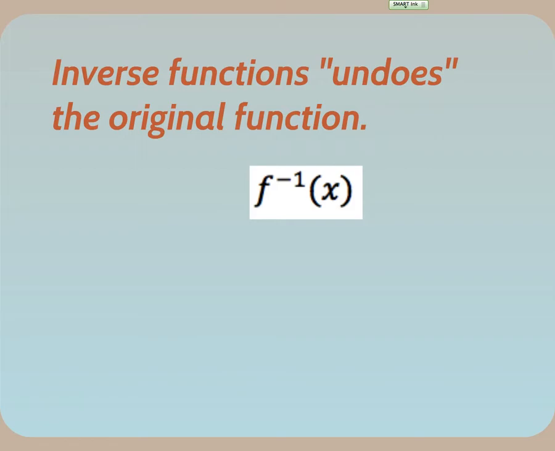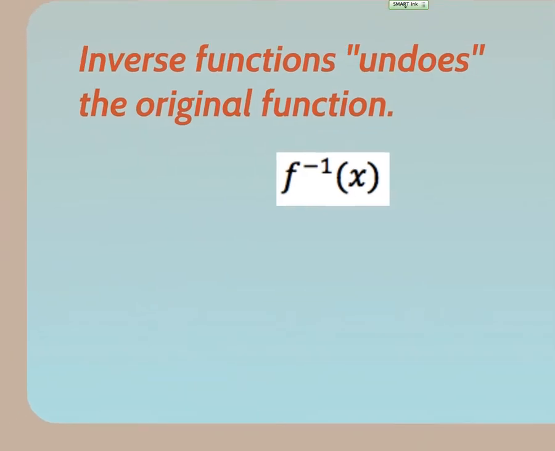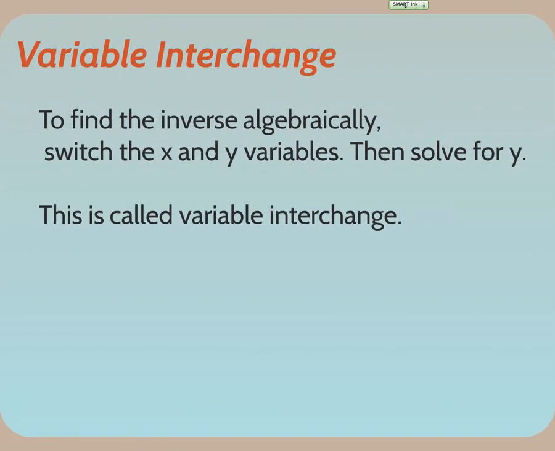We are going to do 2 examples finding the inverse algebraically, but I'm getting ahead of myself. First, we're going to talk about how we find it algebraically. It's called variable interchange. To find the inverse algebraically, you switch the x and the y variables, and then you solve for y.